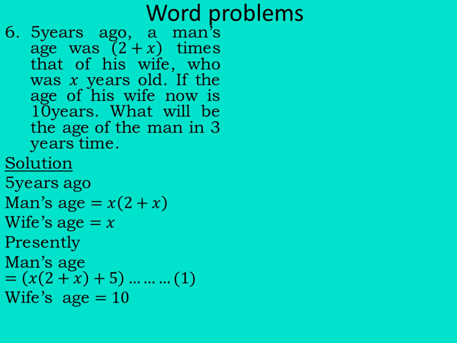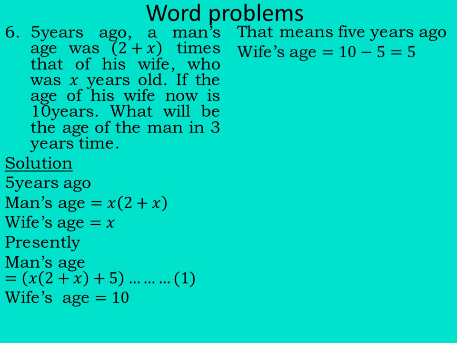Then the wife's age presently is 10. We are given that in the question. So that means 5 years ago, the age of the wife will be 10 minus 5, and that will be 5.